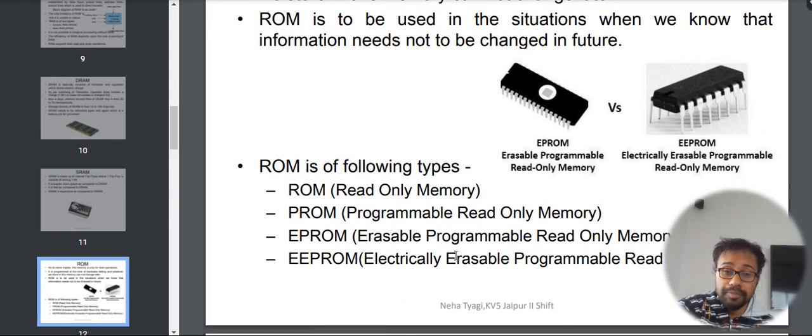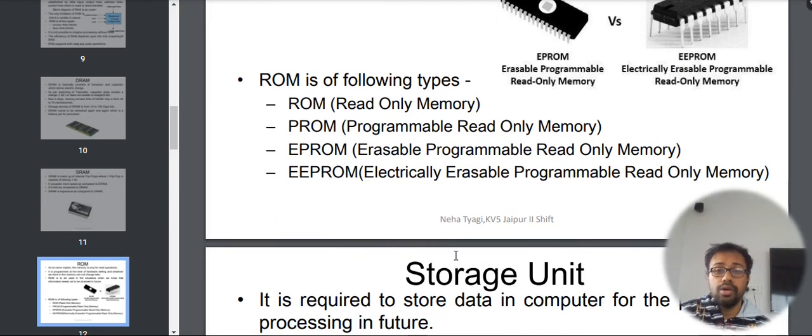Now ROMs are of many types, like read-only memory, PROM, programmable read-only memory. So you can get a question, explain the different types of ROM. So this is the answer. EPROM is erasable programmable read-only memory, and nowadays whatever ROM we see are all EEPROM, electrically erasable version.